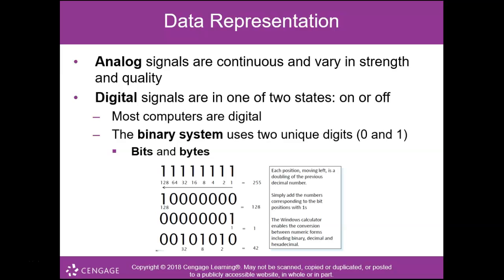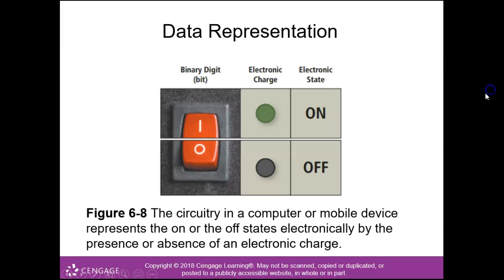And I can translate that into a code called ASCII, which we'll talk about in a few minutes. So I'm going to take these electronic on and off signals, and it's going to translate that through ASCII into some computer speak. So this is how data is represented in a computer, on or off.